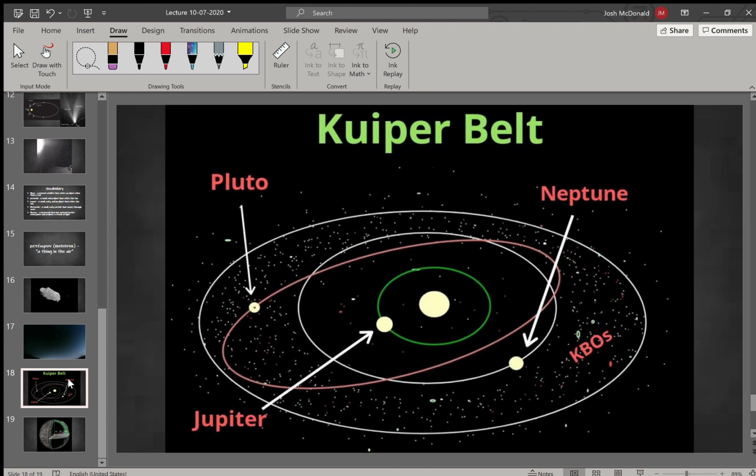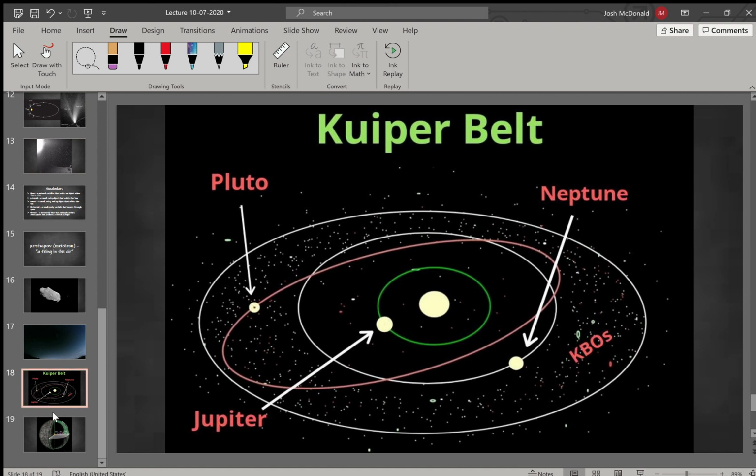So think of the asteroids, but icy asteroids in a belt-like area outside of Neptune. And so it's filled with these objects. Some of them are called Plutoids. There's a lot of different names for them, but they refer to them as KBOs for Kuiper Belt objects. So you see that there.